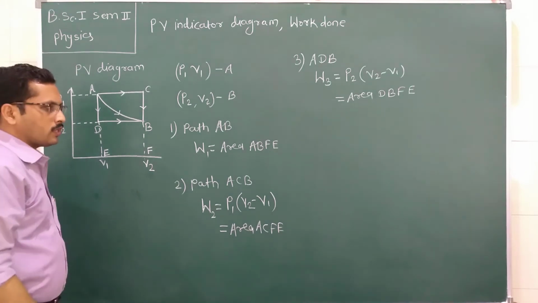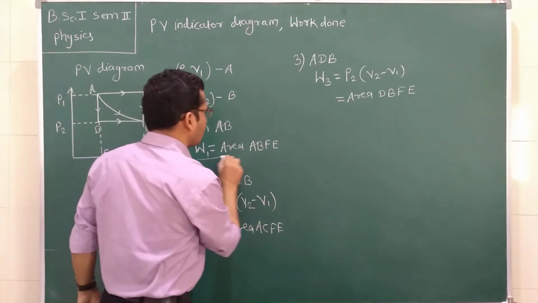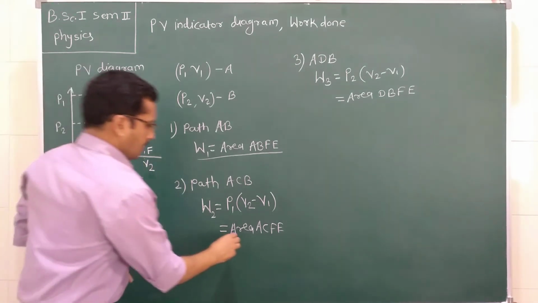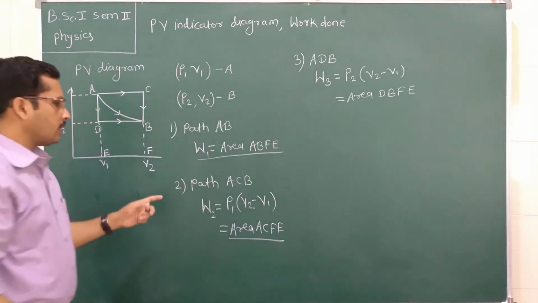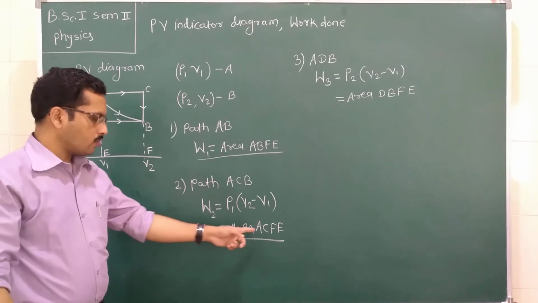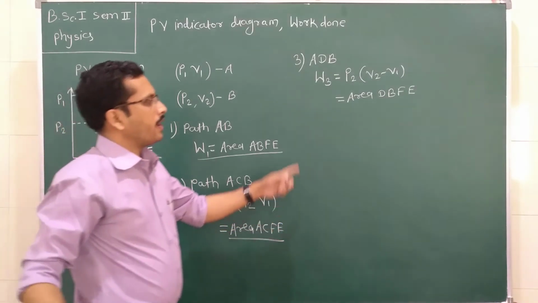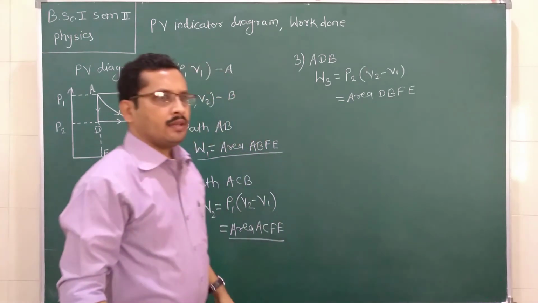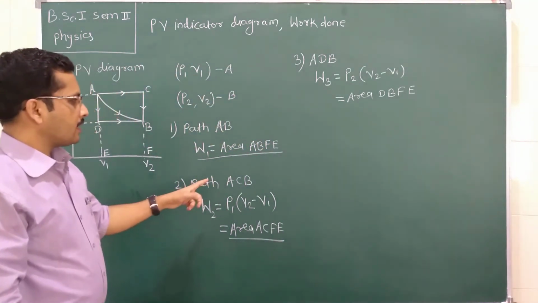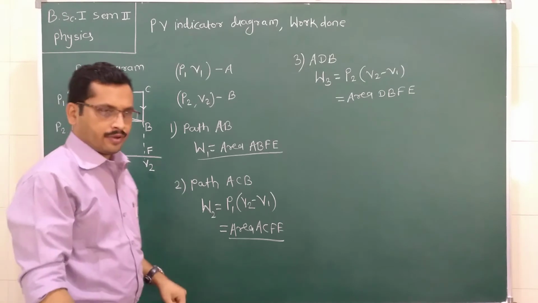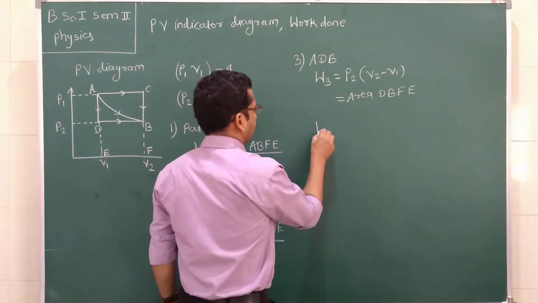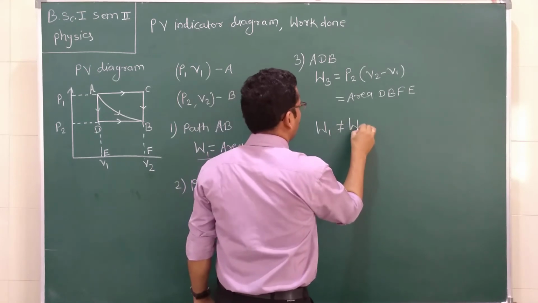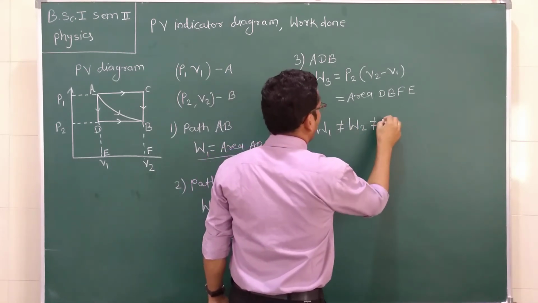So as we observe, W1 is nothing but the area ABFE. Then the work done for the path ACB is equal to area ACFE, and for W3, ADB, it is DBFE. Now as the area in each case is different, we can say that W1 is not equal to W2, not equal to W3.